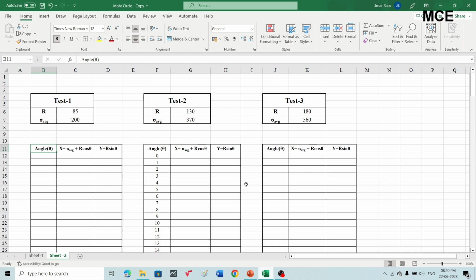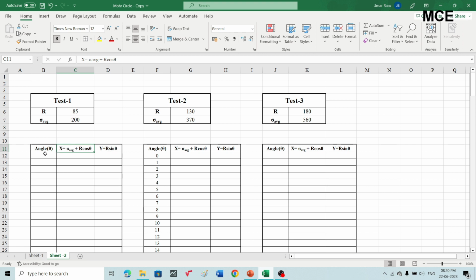After finding the radius and sigma average for each of these tests, we will draw a table for each of these tests. Each table will have 3 columns, in which the first column will be the angle column, second will be the x coordinate of the circle, which is equal to sigma average plus r times cos of theta, and third column will be the y coordinate of the circle, which is r times sine of theta.